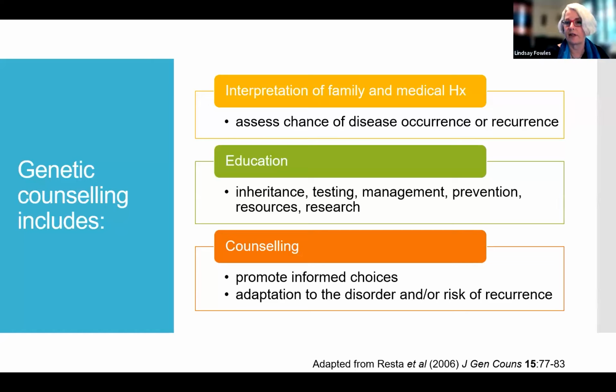If we have clarity about the genetic components of the condition, helping a person learn about what that means. If we know what the inheritance is, what testing is available, a little bit about the management of the condition, though that's not really our area of expertise. And then helping those people make the right choices for themselves. We will not tell anybody what they need to do. It's really about supporting people in making the right choice for their personal circumstances.